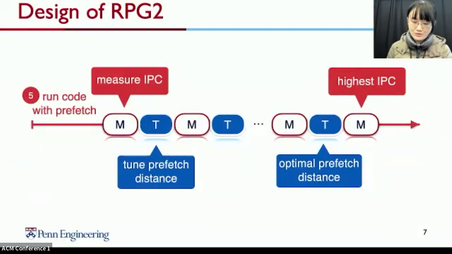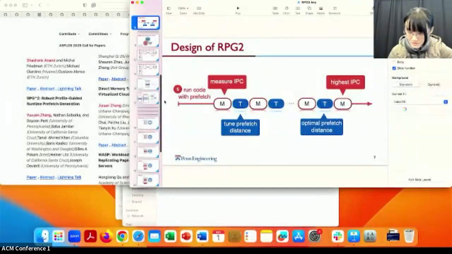We start with a random number as the prefetch distance, and then we search from the space, and we decide the upper bound and lower bound for the binary search of the optimal prefetch distance. So in practice, how many iterations does it take before you find the optimal?